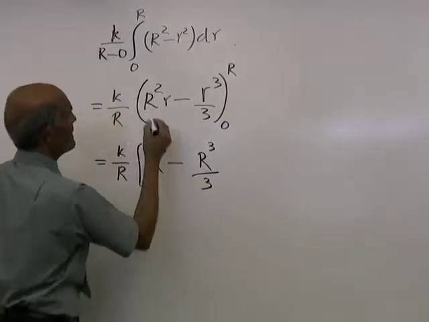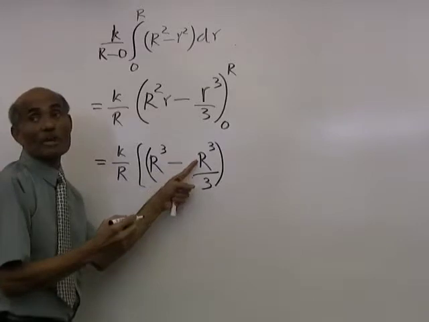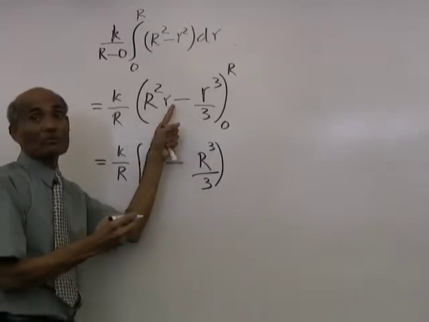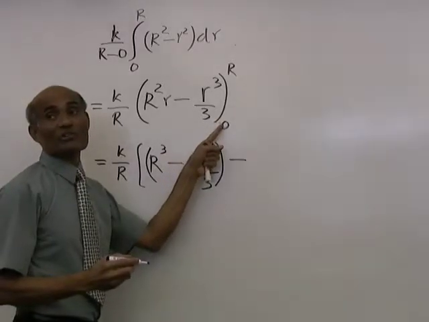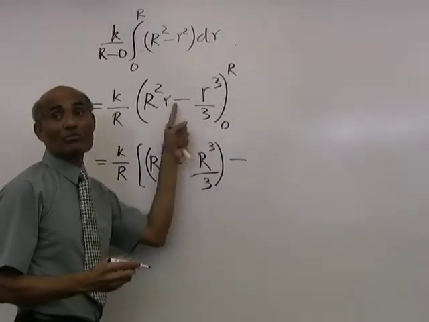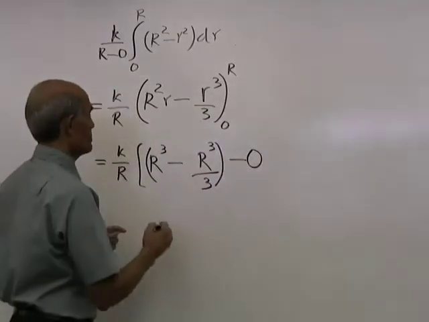So that will be uppercase R cubed minus uppercase R cubed over 3. That's the upper limit. Minus, what will be the lower limit? When r equals 0, this will be 0, that will be 0. So that will be 0.